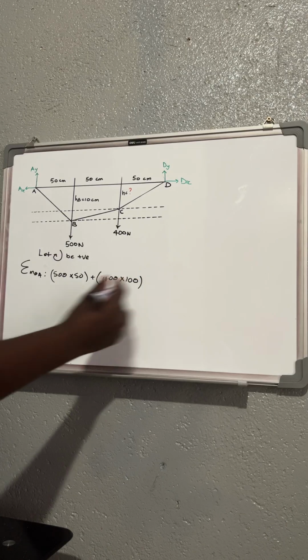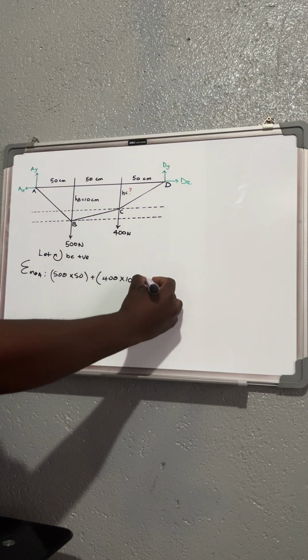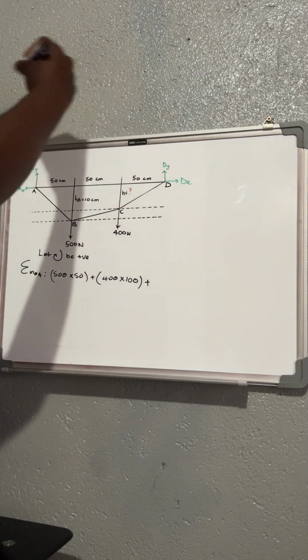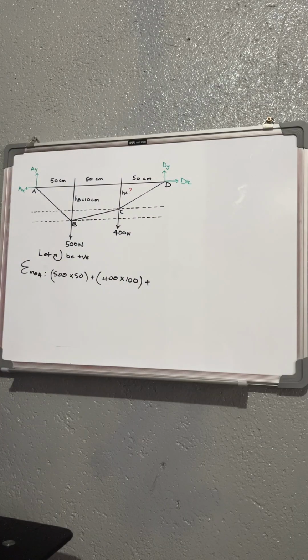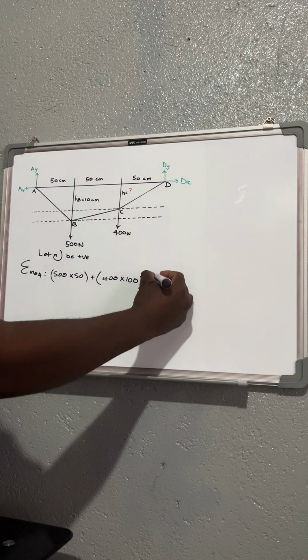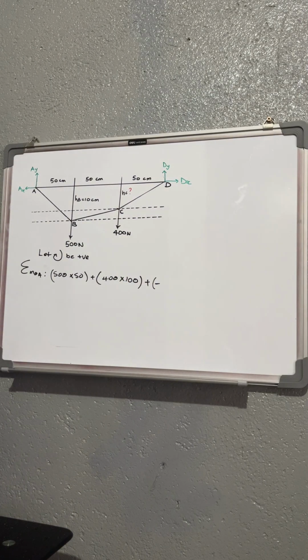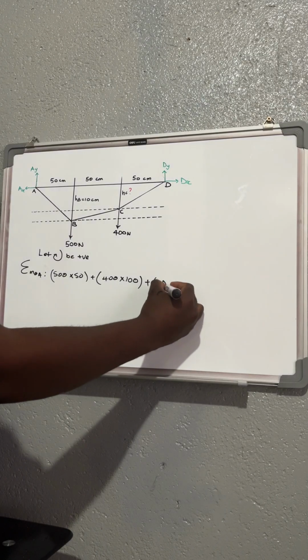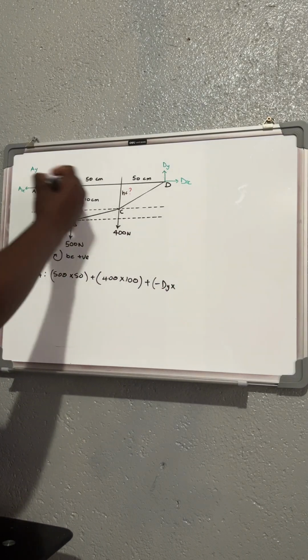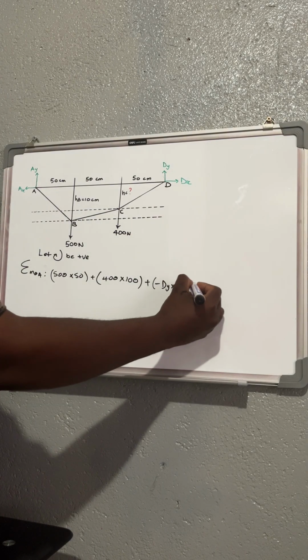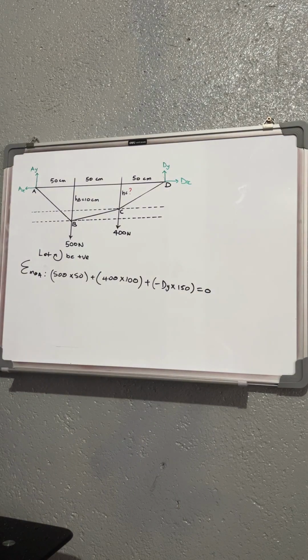It will give you your 100. Then plus we have this DY, which is going in this direction, which is going to be anti. So that one is going to be negative DY by the distance between here to there. It's your 150. Then you're going to equate this to 0.